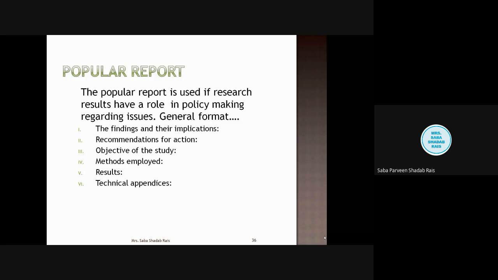We should try to make it in a very simple way, in which a simple chart and diagram can give all the details of whatever data has been found. That means lots of numbers should not be there. Instead we can have simple charts and so on. So these are the desirable attributes of the popular report.